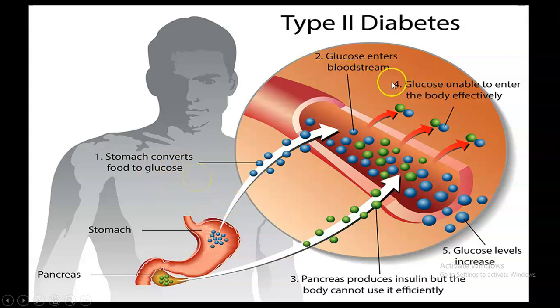Now the glucose enters the bloodstream and the pancreas produces insulin, but then the body cannot use it efficiently. As a result, the glucose is unable to enter the body effectively. Then the glucose levels increase, resulting in diabetes.